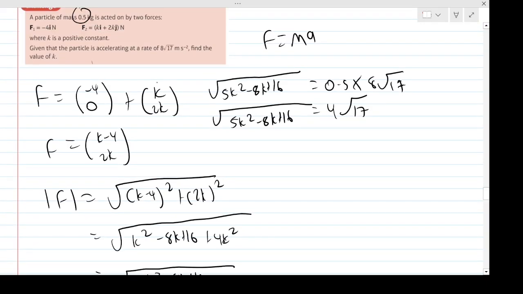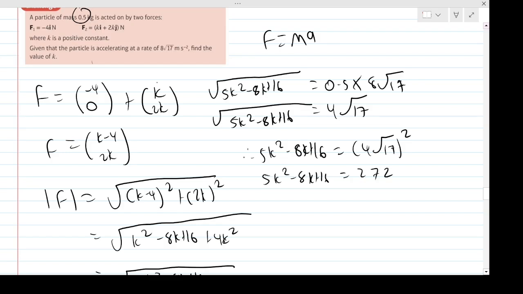At this point, it's just algebra. This is solving an equation. We can square both sides. So therefore 5k squared minus 8k plus 16 is equal to 4 root 17 all squared. If we work that out on the calculator, that is 272. So 5k squared minus 8k plus 16 equals this, then it's just a quadratic equation. If I subtract 272, I get 5k squared minus 8k, and then 16 take away 272 equals minus 256 equals 0.